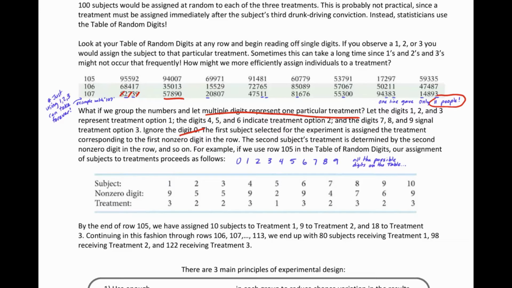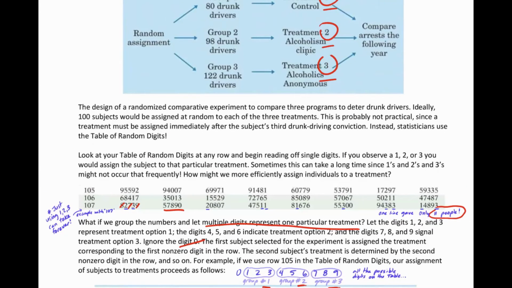So down below, we have this example to show what we're doing here. 0 through 9 are all the possible digits on the table that we could achieve, and we're going to group them. 1, 2, and 3 group together, 4, 5, and 6 group together, 7, 8, and 9. So if I come across any of those numbers, I know exactly where to put that individual. Now the numbers along each branch, each path of that experiment, were achieved using this method.